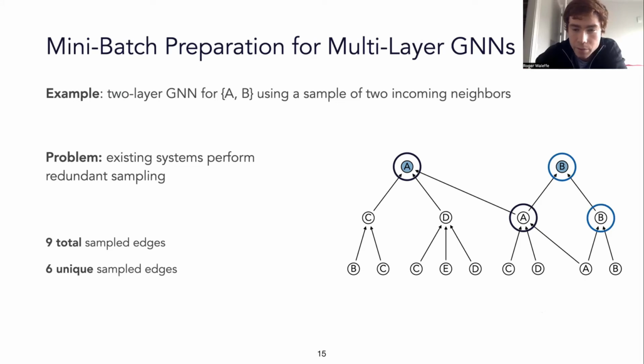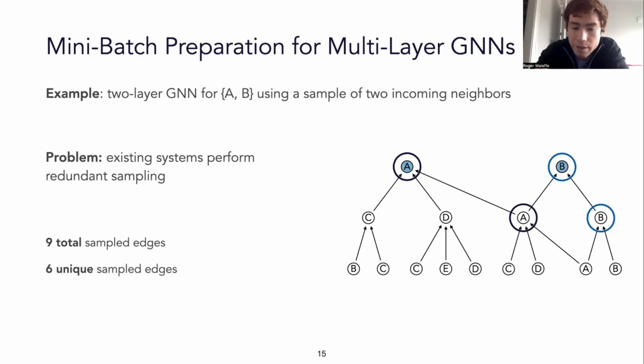In our example, we started by needing to sample neighbors for nodes A and B, and this led us to nodes C, B, A, and B. Then at this point, we completed the multi-hop neighborhood by sampling single-hop neighbors for each of these 4 nodes again. But a lot of this work is actually redundant because we had already sampled single-hop neighbors for nodes A and B in the previous step.